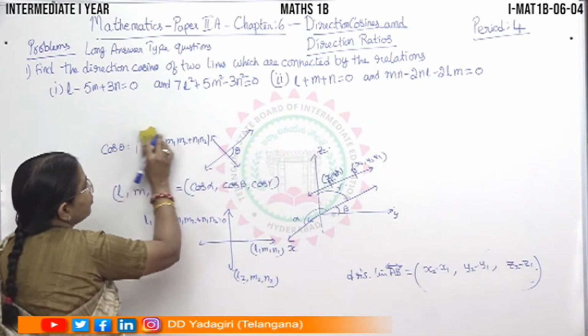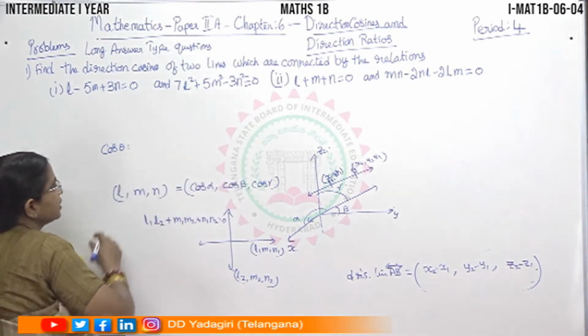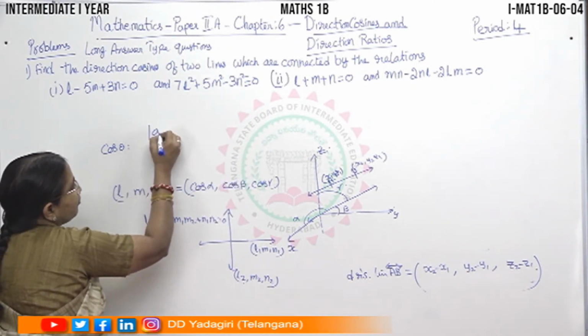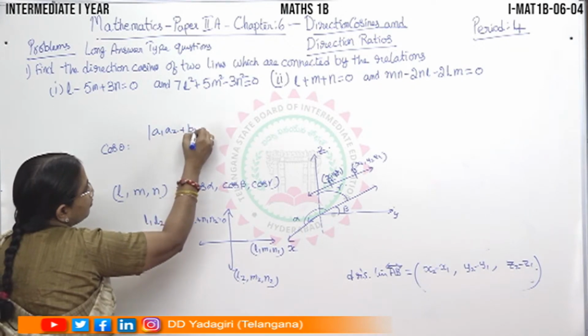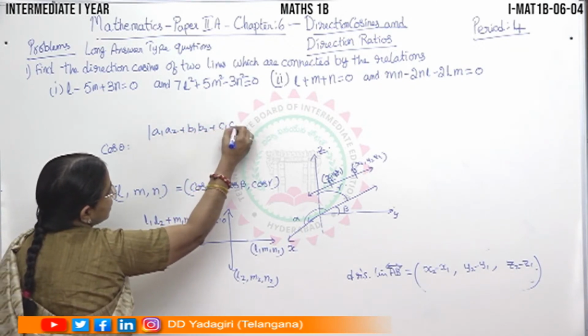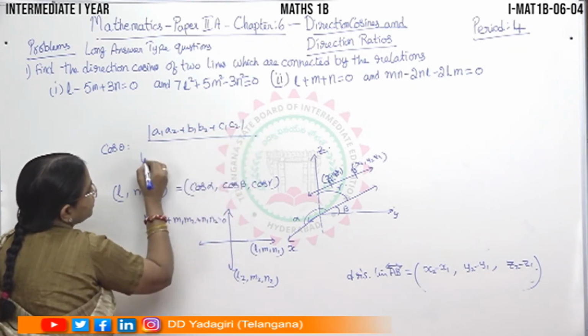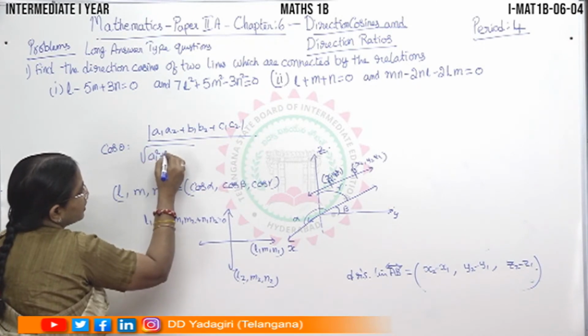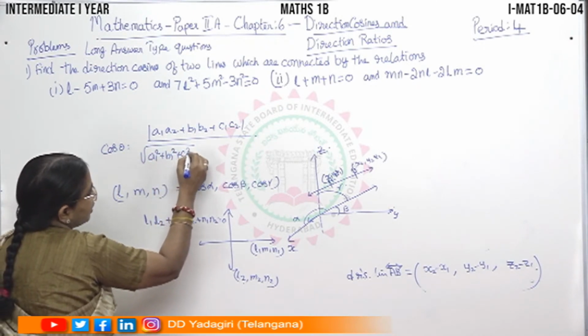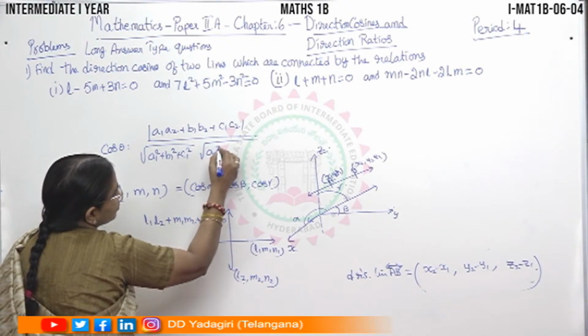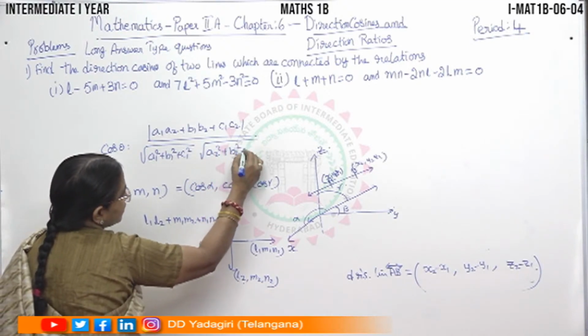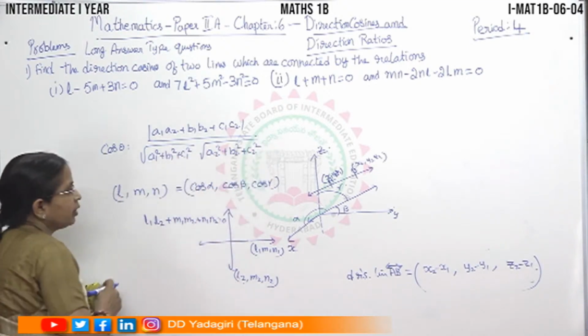Now the cos theta formula is given by mod of a1 a2 plus b1 b2 plus c1 c2 by root of a1 square plus b1 square plus c1 square into root of a2 square plus b2 square plus c2 square. This is the formula.